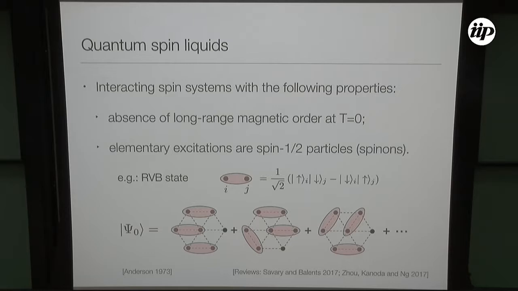If you go to the many-body problem and you write down a coherent superposition of singlets between all pairs of spins with symmetric amplitudes, you can construct a ground state of the many-spin problem that is rotationally invariant. This would be a quantum spin liquid. And then you can discuss excitations on top of this state and convince yourself that these would be spin 1/2 particles.